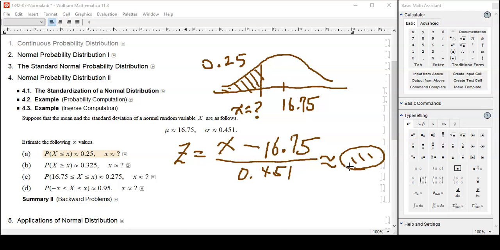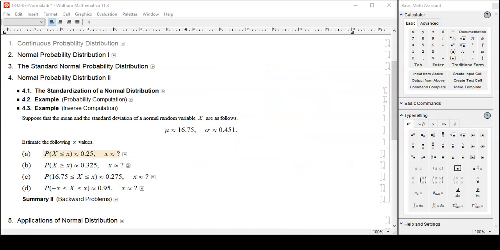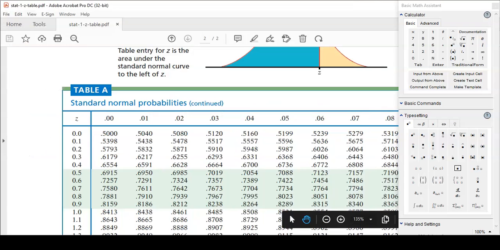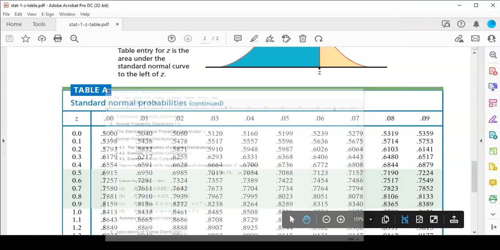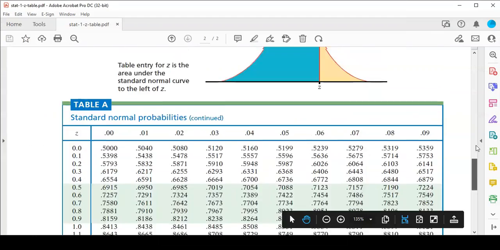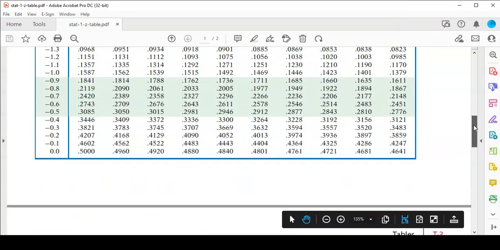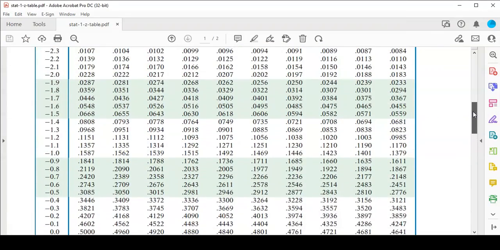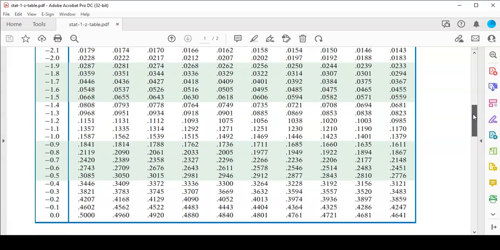How? Well, I'll have to get out of this drawing mode, so okay, pay attention to that. All right, let me get out. Okay, look up the z-table, and then 0.25 must be somewhere around here.